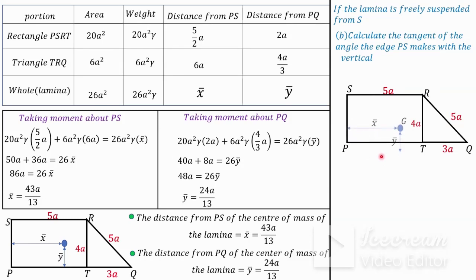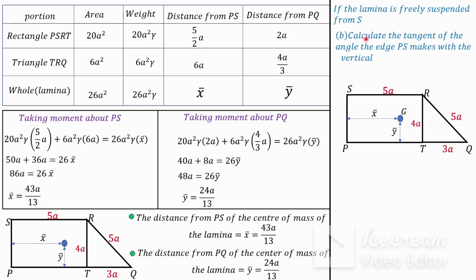We need to identify the center of mass of our lamina, which is J, and represent the distance x bar from PS and the distance y bar from PQ of the center of mass of the lamina.